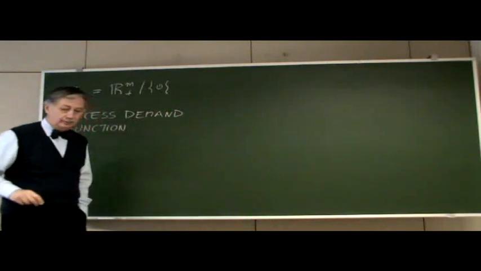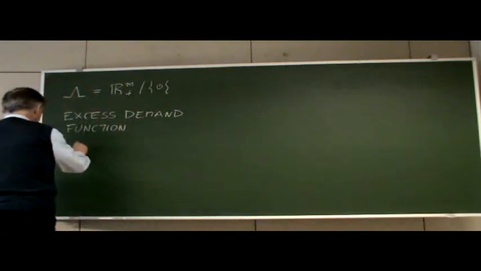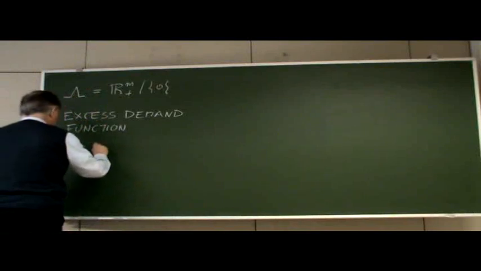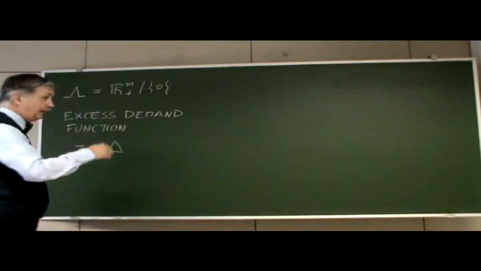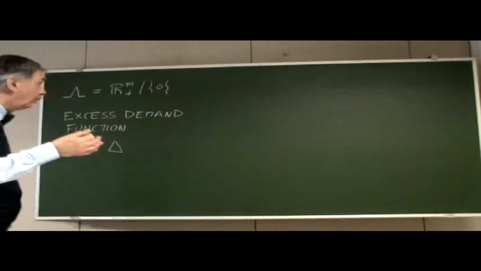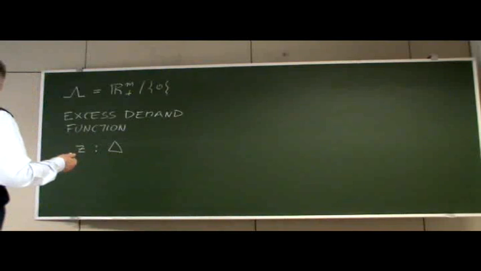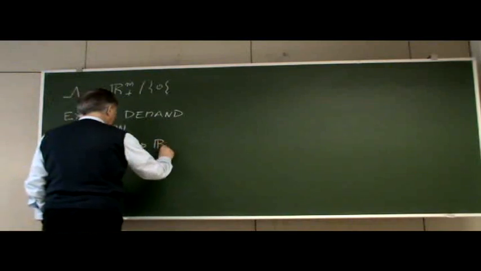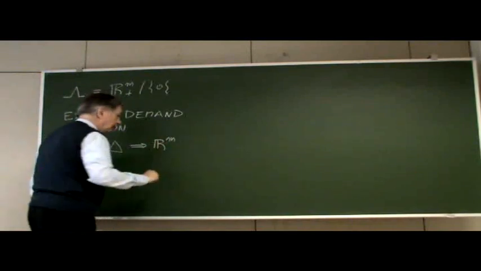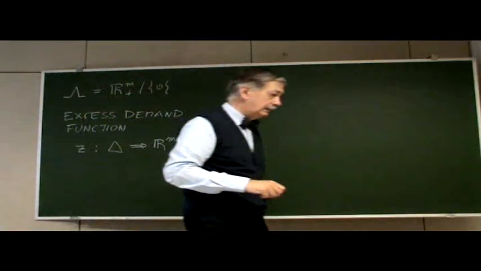Excess demand function, which we shall denote by small z, which is defined in delta. Do you remember, it's not necessary to consider all price systems, but only the normalized ones, and takes values in the n-dimensional Euclidean space.